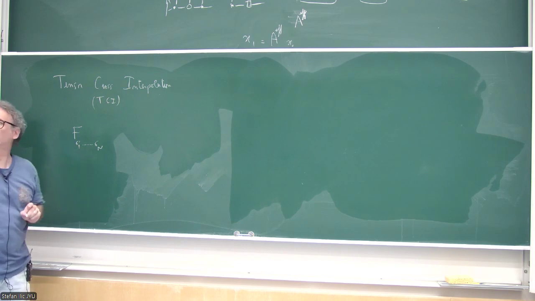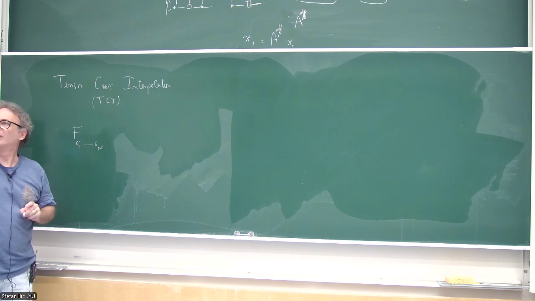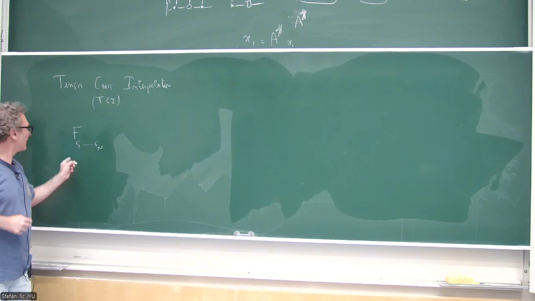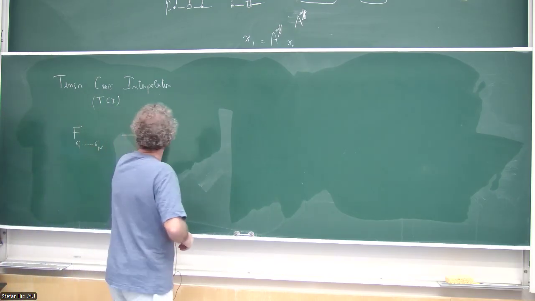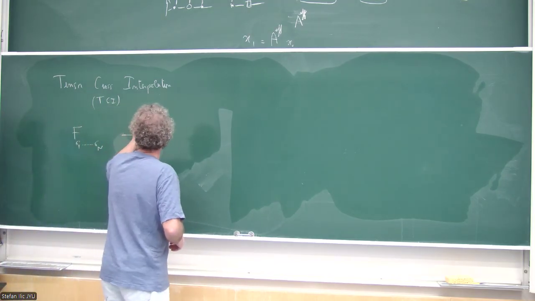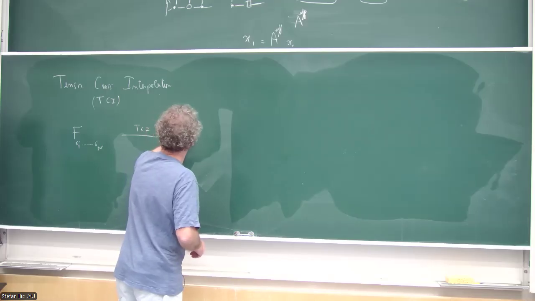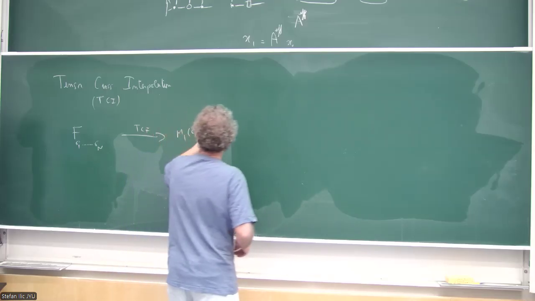I changed the notation because now it could be the wave function of a many-body problem, but really it will be anything. And you want TCI to give you back this as an MPS.